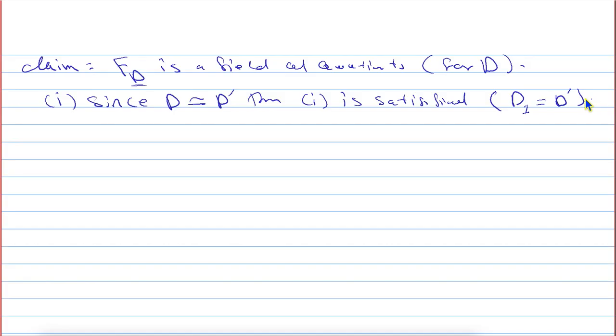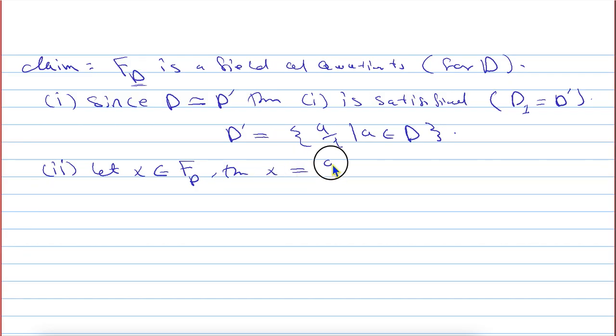As for the second, of course, D prime, just to remind you of the definition, is the set of equivalence classes A over 1, where A is in D. Now for the second condition, we take any element x in F sub D. Then x equals this equivalence class A over B, of course, where the ordered pair A and B is in S. Remember that S equals D cross D star, where D star is the integral domain D excluding 0.